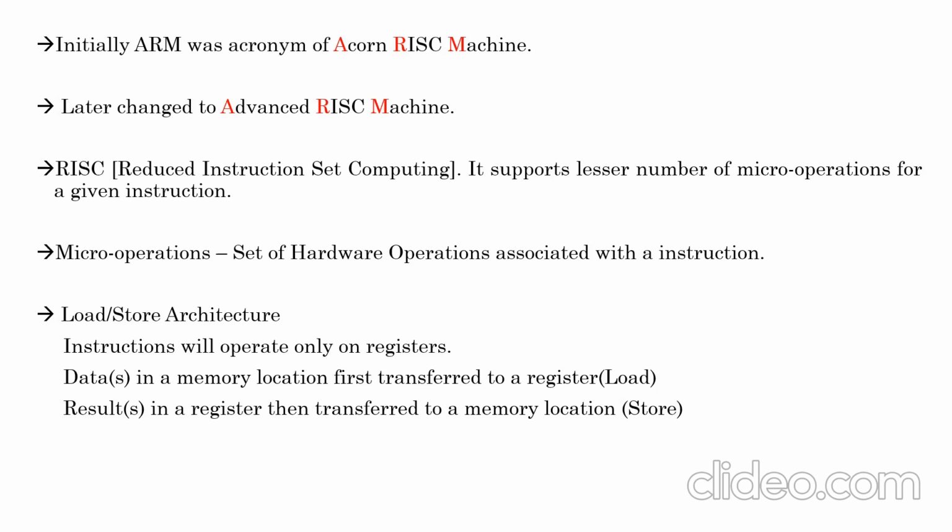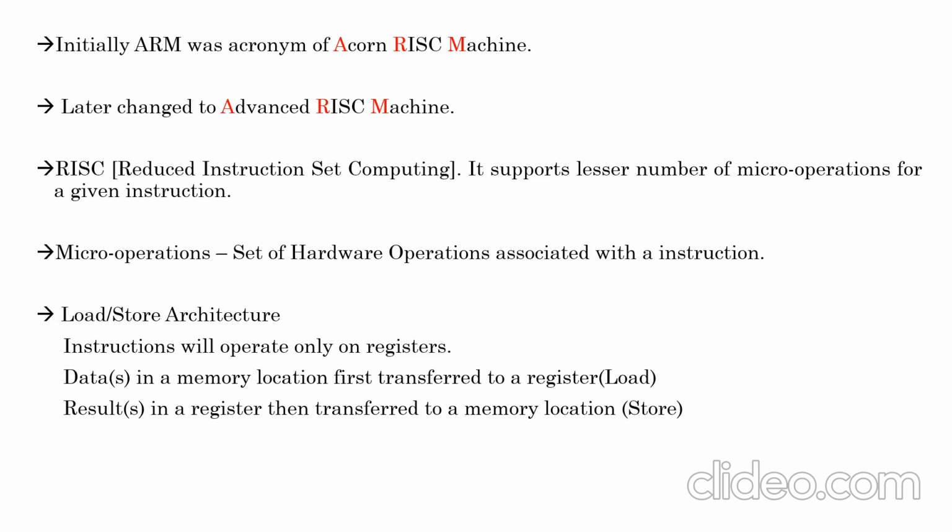Micro operations are the set of hardware operations associated with the instruction. Hardware operation means moving data from one register to another register, moving data from a memory location to a register, moving data from a register to a memory location, adding the contents of 2 registers, storing the result of an operation into a register, reading a memory location, writing into a memory location.